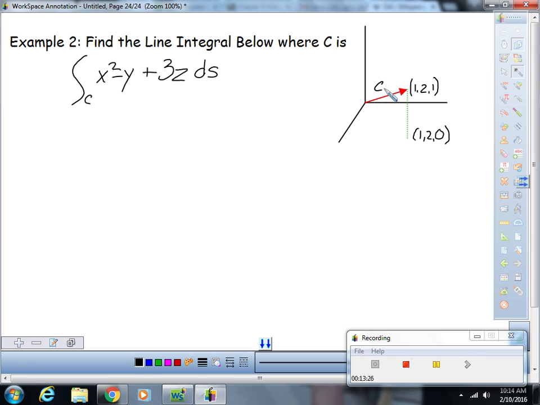So, let's define C. Well, we only have to worry about one integral from t.